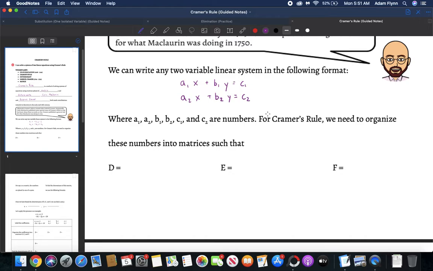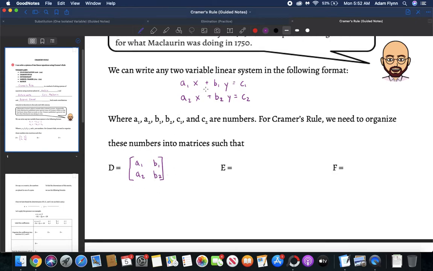Okay, so for Cramer's rule, we need to organize these numbers into matrices, okay, such that D is equal to, so let me create my matrix. a1, b1, a2, b2. So basically what I'm doing is I'm creating a matrix using these brackets, okay?